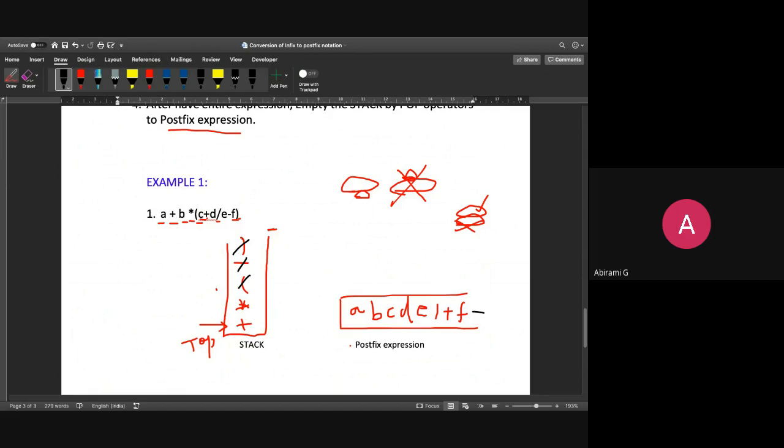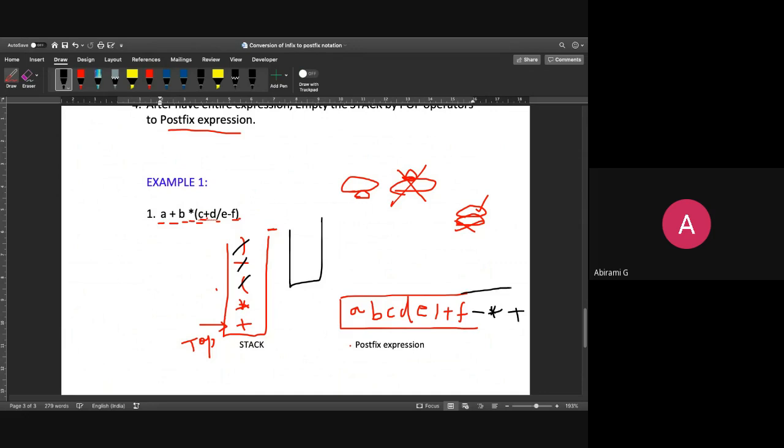Once it has been read, what do we have to do? We have to empty the stack. Now the stack has only plus and star. We have to pop out star, then pop out plus.